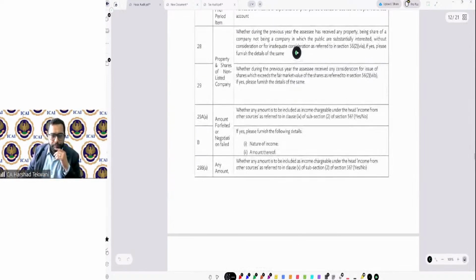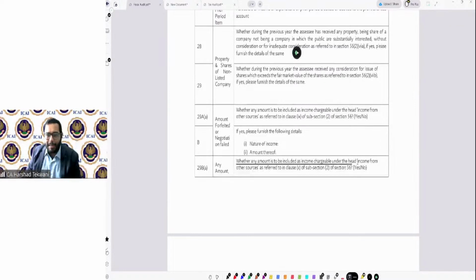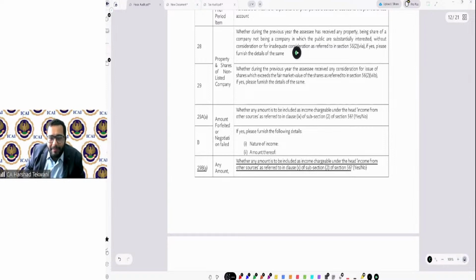Over here, there's clause 29BA, which talks about whether any amount is to be included in the income chargeable under the head income from other sources as referred to in clause 10 of sub-section 2 of section 56. So 29BA talks about any amount specified under section 56(2)(x) to be included in income from other sources.